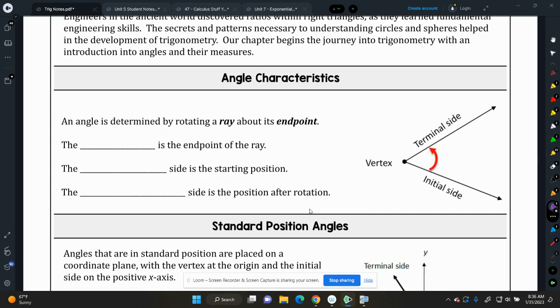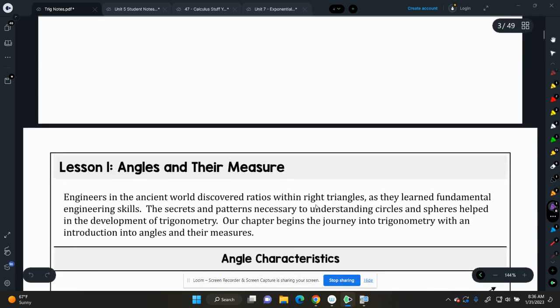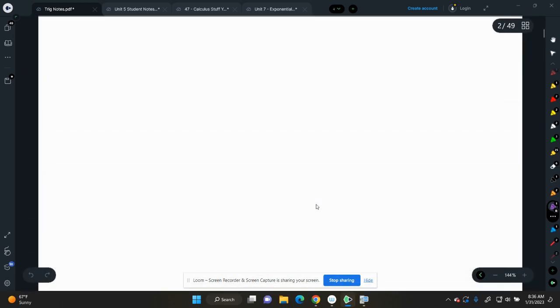Okay, so let's start by talking about some terminology, okay? One of the places that we use trigonometry a lot, actually trigonometry is used a ton of times. So we saw logarithms, solving logarithmic equations.